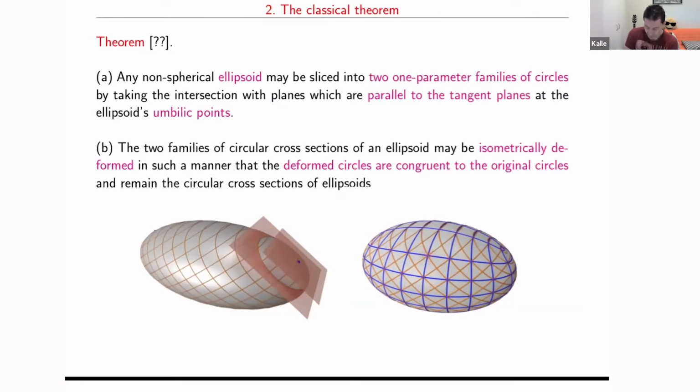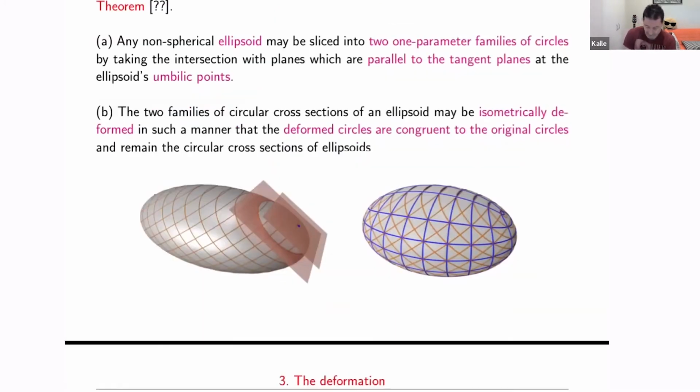So you can think of those circles as being the diagonals of this curved quadrilateral. It's absolutely non-trivial that this is possible. There's something very special.